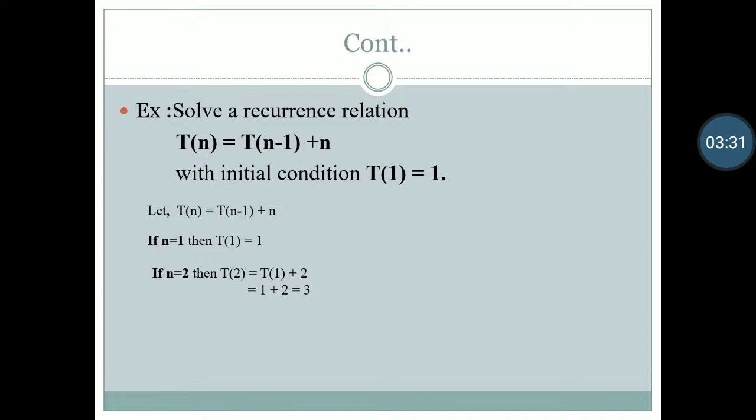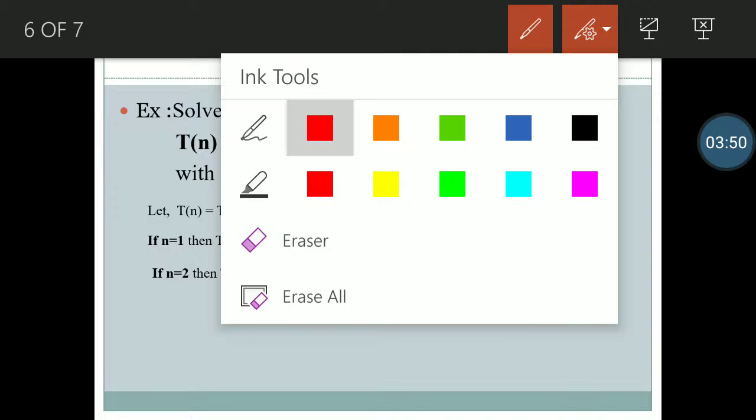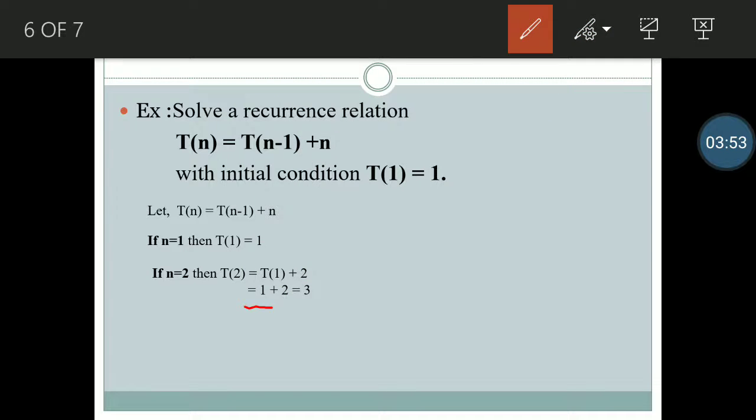Now if we take n = 2, then T(2) = T(1) + 2. In this case we have taken T(1), meaning n-1, 2-1 is equal to 1. Here our T(1) is 1, so it will become 1 + 2.